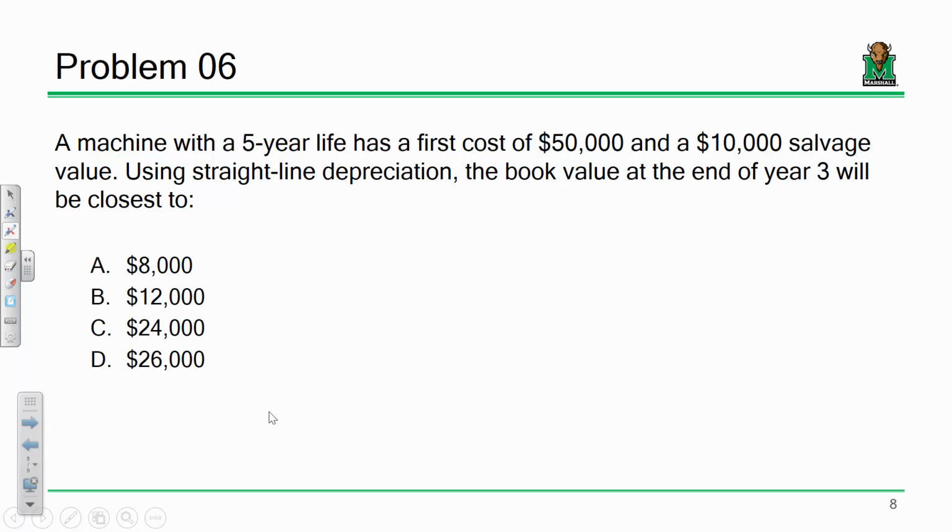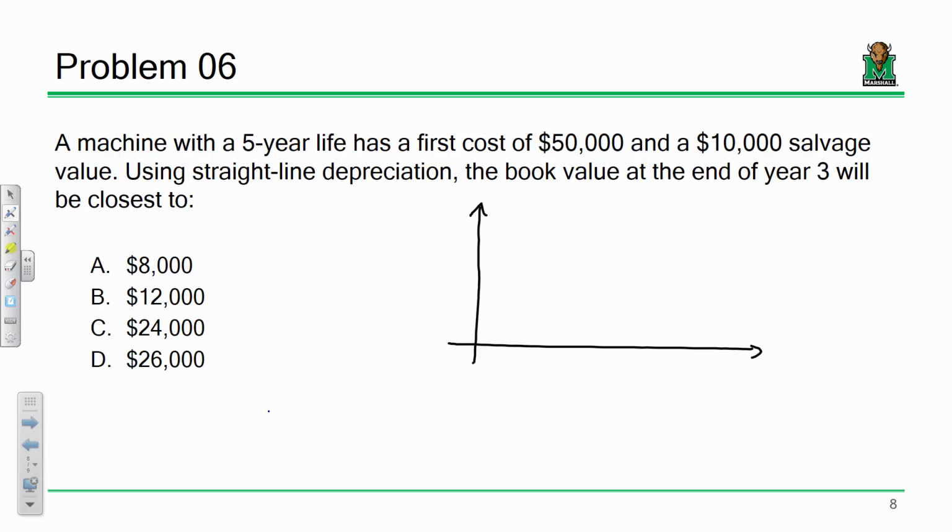So let's say we have a machine with a 5-year life. It has a first cost of $50,000 and a salvage value of $10,000 after 5 years. We're going to use what's called straight line depreciation for this problem. It's this simple.